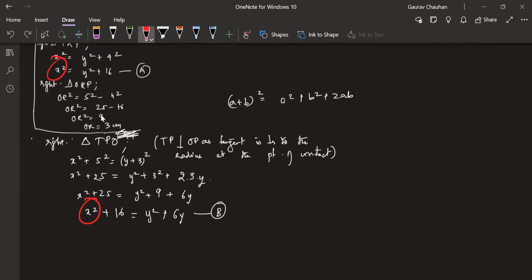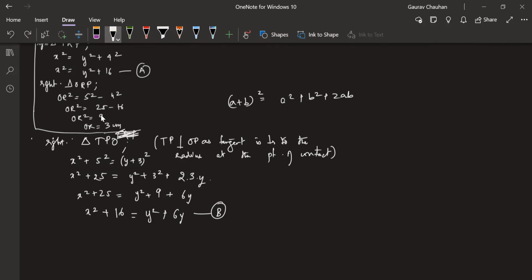Essentially I'll be left with only the variable 6y in the final equation. So I'm using my skill of elimination, which we have learned in the linear equations chapter, to remove this unnecessary stuff, x square and y square, and to get to a place where it's easy to solve. It's a linear equation, one variable.